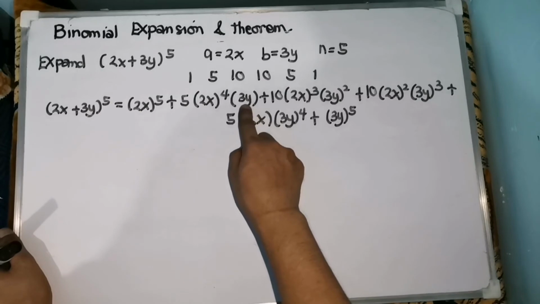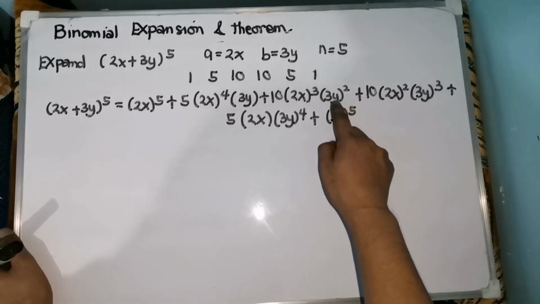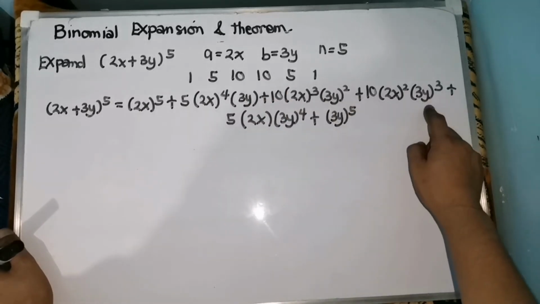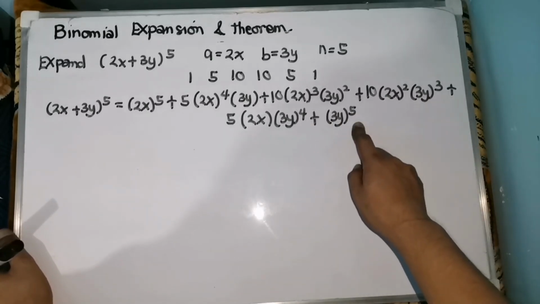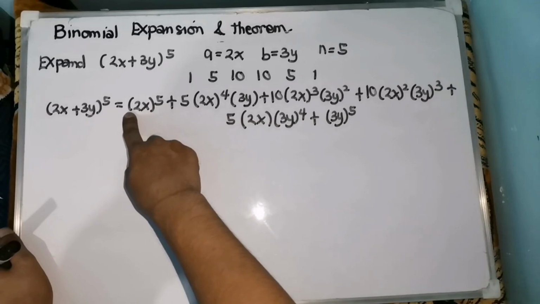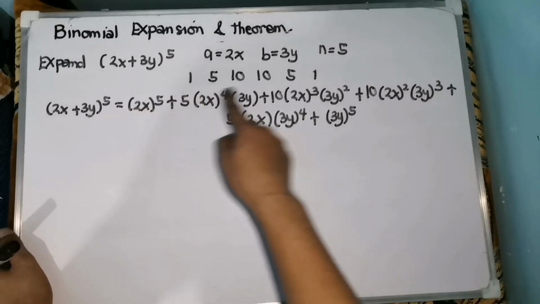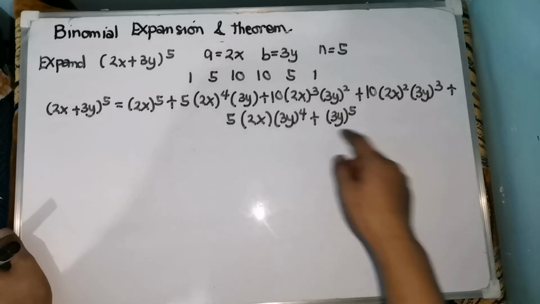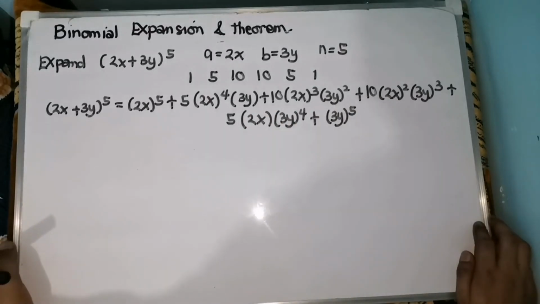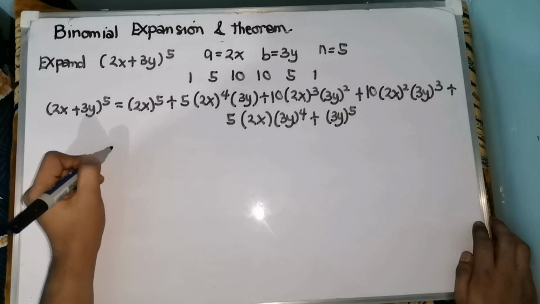So that is 3y, the quantity 3y squared, the quantity 3y cubed, the quantity 3y to the 4th, and 0. Coefficients: 1, 5, 10, 10, 5, and 1. And then let us simplify.